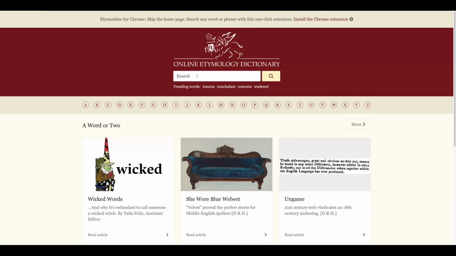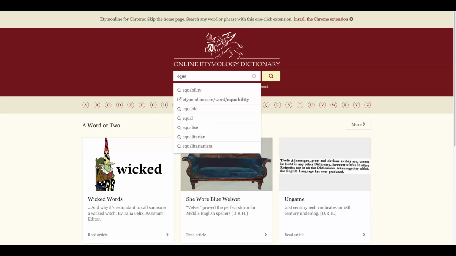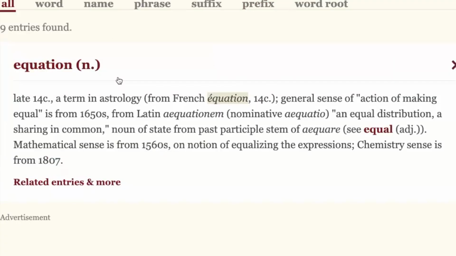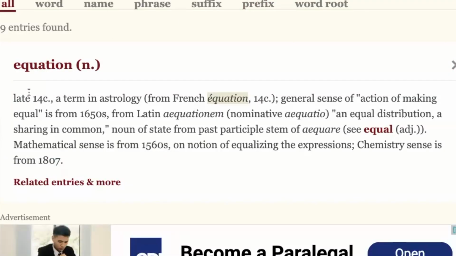When I type in the word equation, here's what I see. Late 14th century, a term in astrology, which I thought was kind of funny.